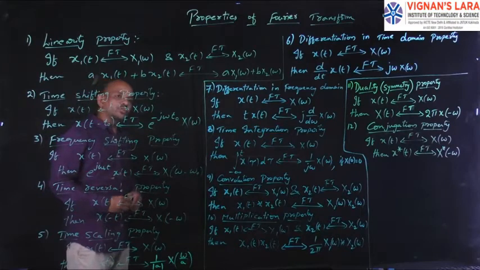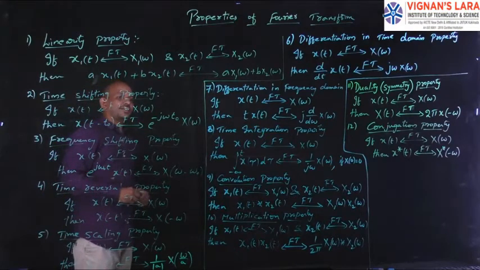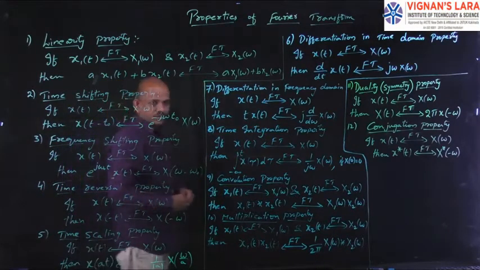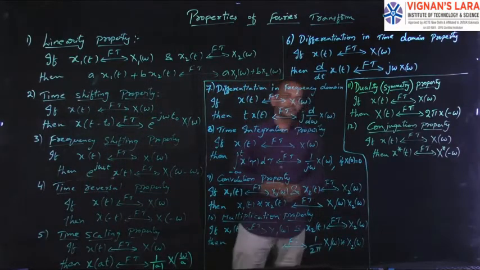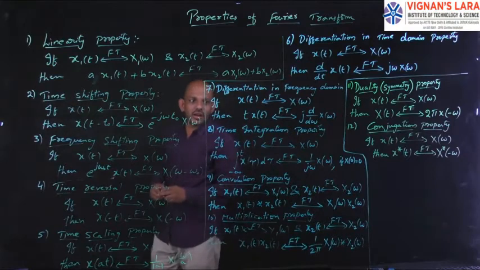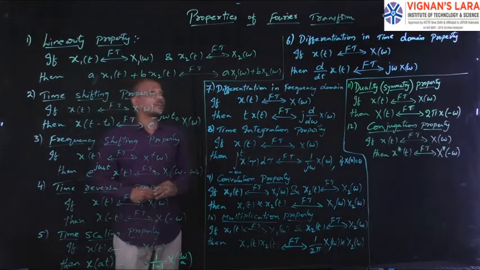Now we move on to the properties of the Fourier transform. Here I have given you 12 properties of the Fourier transform.